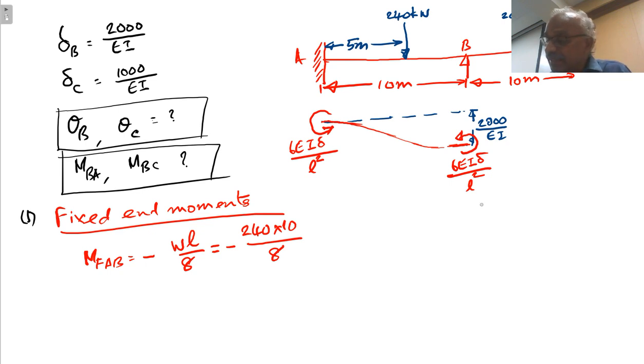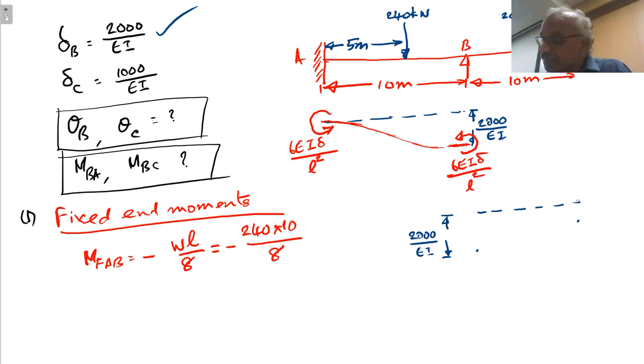Now coming to span BC, it was originally horizontal. So BC is like this. This is B and C. B settles by 2000 by EI, and C settles by 1000 by EI.